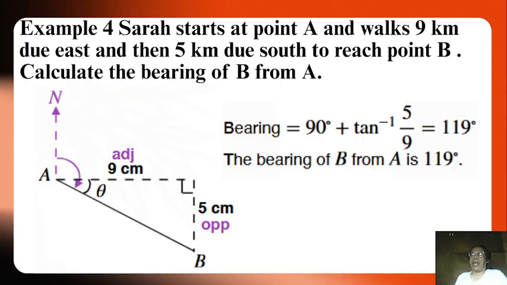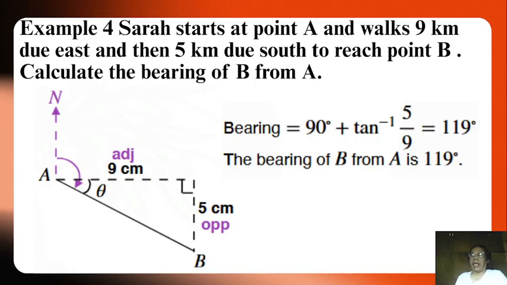And to get theta, it is arctangent of 5 over 9, or in our calculator you can write it as tangent raised to negative 1, then 5 over 9, and the answer is 29 degrees.